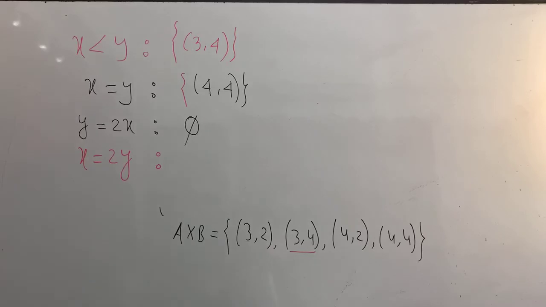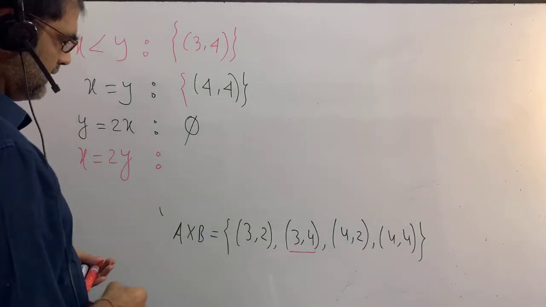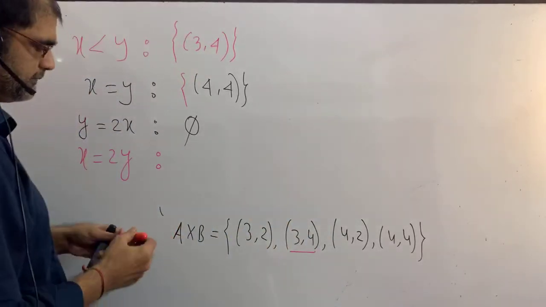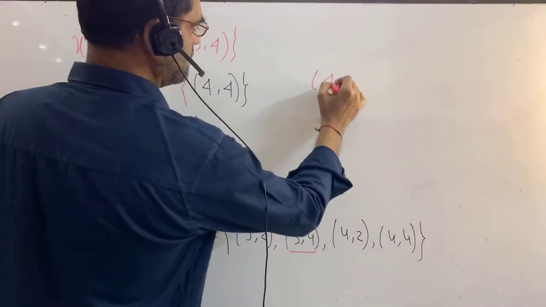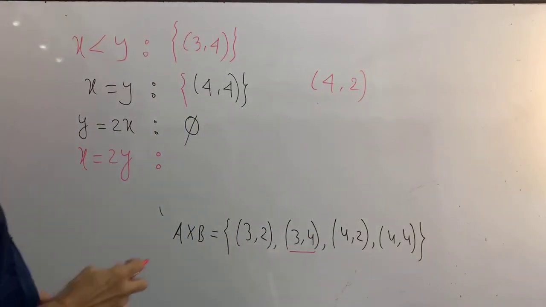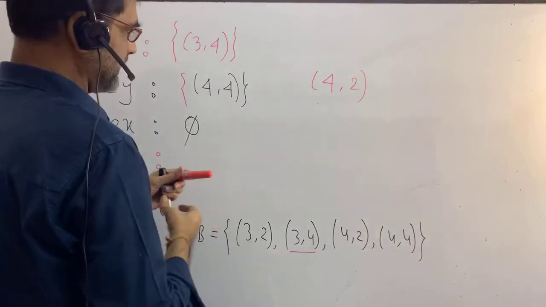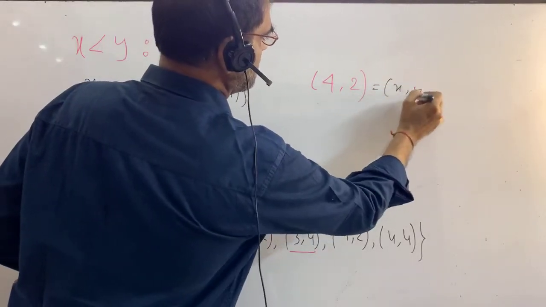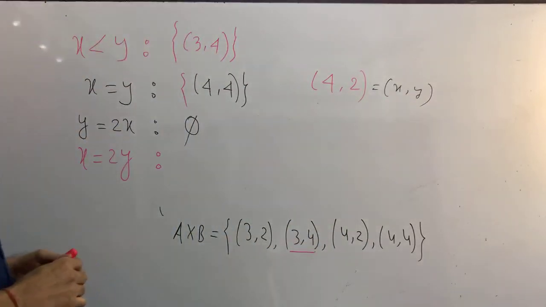X equals to 2y. You see, suppose I can take here 4 comma 2. Here it is x, it is y, right? It is x equals to 4 and y equals to 2.